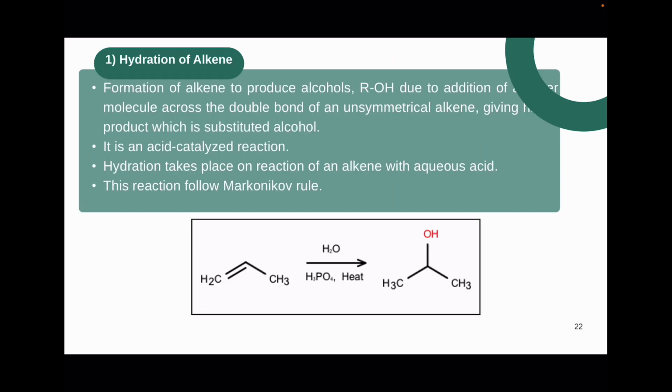We look into the first preparation, which is the hydration of alkene. Hydration of alkene is a reaction where the alkene reacts with water in the presence of a concentrated acid to form alcohol.